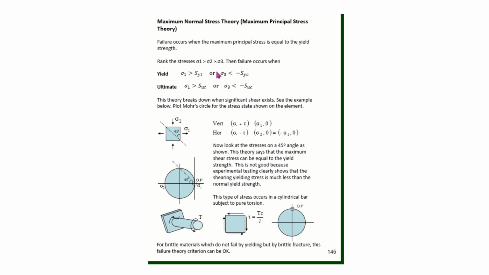But if sigma 3 is negative and sigma 1 is positive, such that we have a fair amount of shear in the situation, then this failure theory can overpredict the actual strength of the material. We need to also remember that we always rank our stresses as sigma 1 as the rightmost principal stress, sigma 3 as the leftmost principal stress.